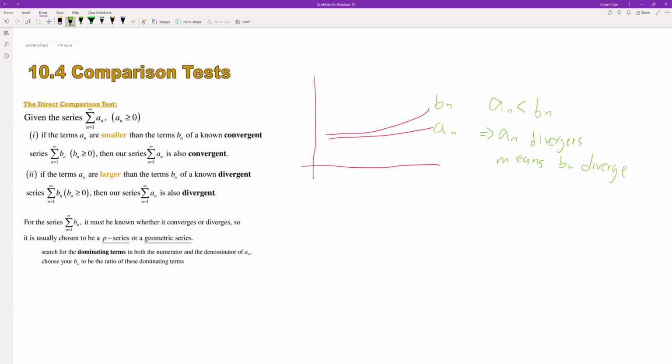On the other hand, if BN converges, then AN converges.